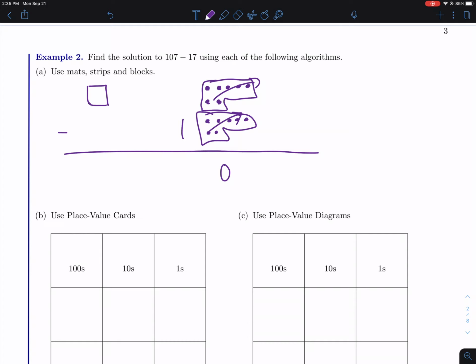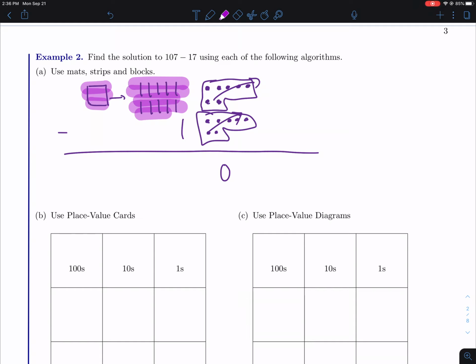So what I'm going to do is take this block and cache it in and basically break it apart into strips. So since it's 1 block, remember I can turn 1 block into 10 strips. So I can do 1, 2, 3, 4, 5, 6, 7, 8, 9, 10. So in this case, I've taken this 1 block and turned it into 10 strips.